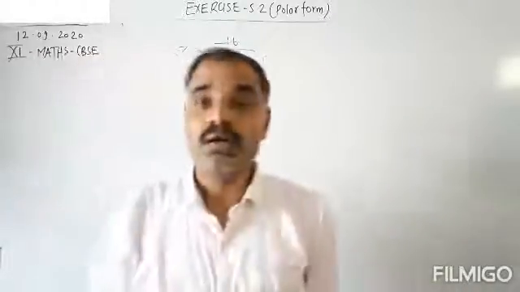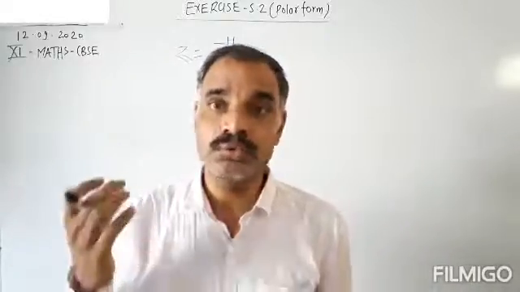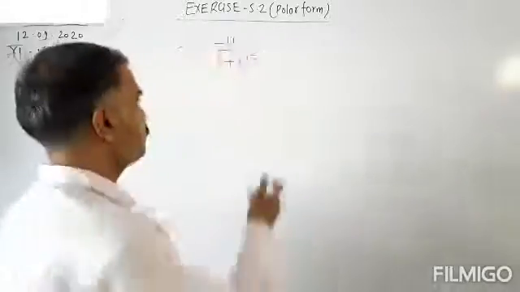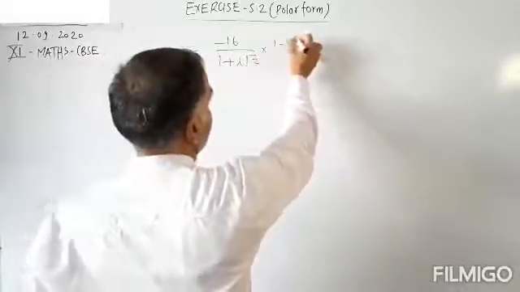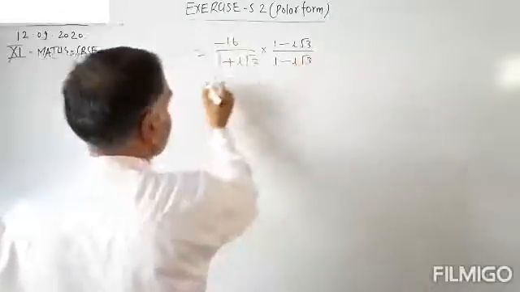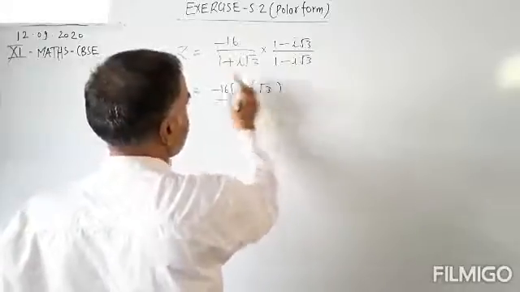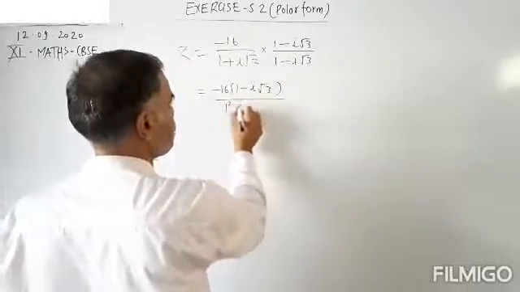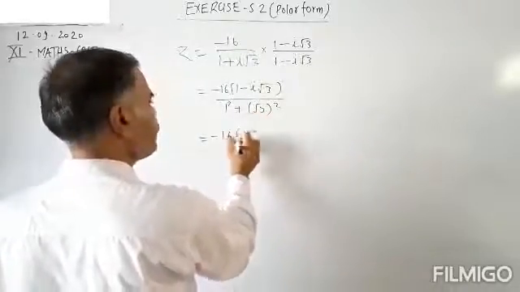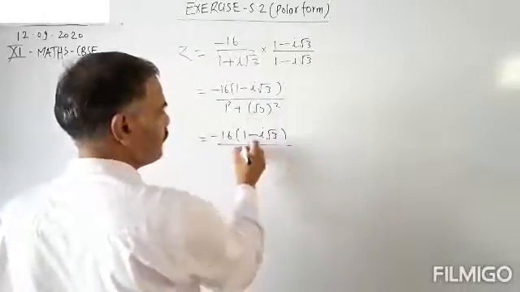The complex number is given in rational form, so we have to rationalize this first, by multiplying by its conjugate. Conjugate means multiplying by 1 minus iota under root 3. So this equals minus 16 into 1 minus iota under root 3 upon 1 square plus under root 3 square, which is minus 16 into 1 minus iota under root 3 upon 1 plus 3, that is 4.